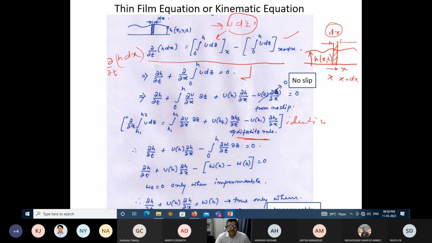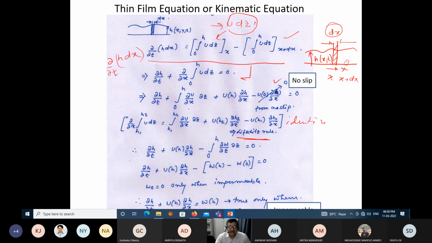What is this part? You see that h1 to h2 means 0 to h, right? So here you are converting it to 0 to h: del u by del x into dz. Now what is this part? u at h2 times del h2 by del x. Your h2 is h. Whereas u at h1 times del h1 by del x is u0 into del h by del x. You know that at this particular point it is no slip, so this is cancelled.